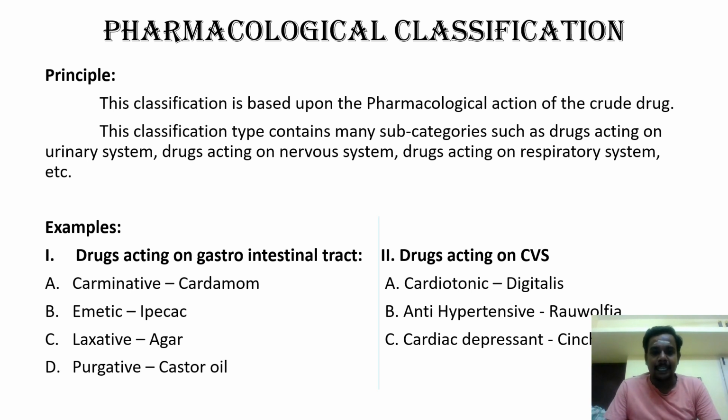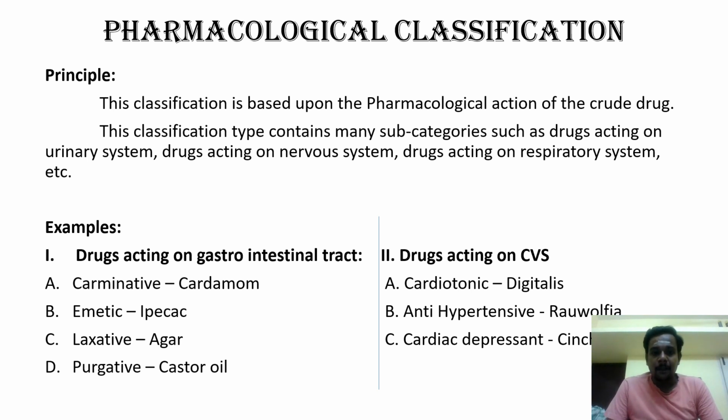So let us see the examples one by one so that we can understand very easily. First category, drugs acting on our gastrointestinal tract, right? And again in this category there will be many subtypes. Why?